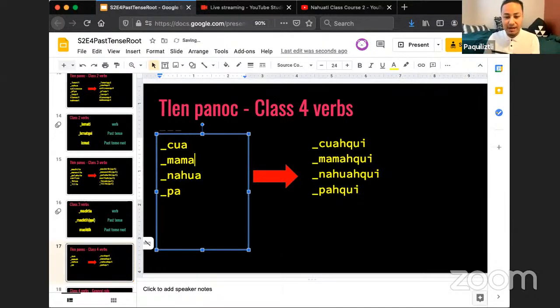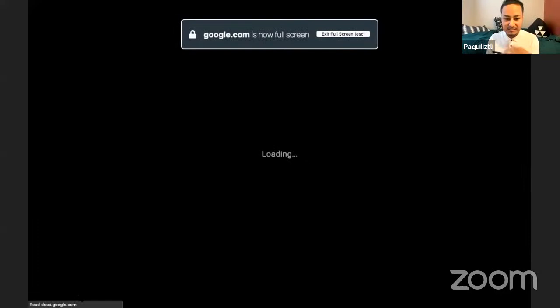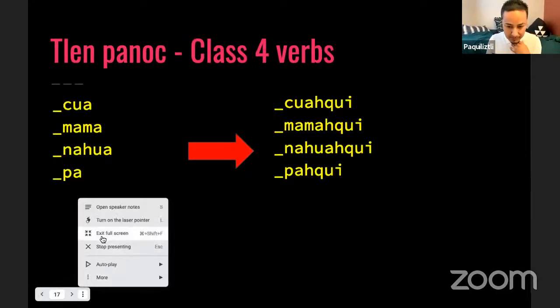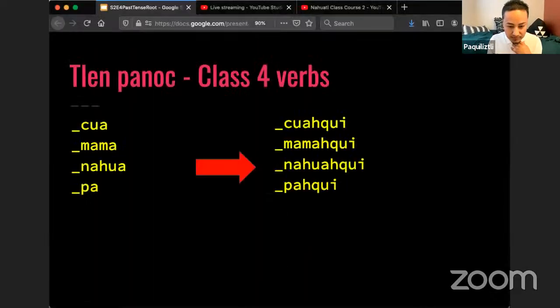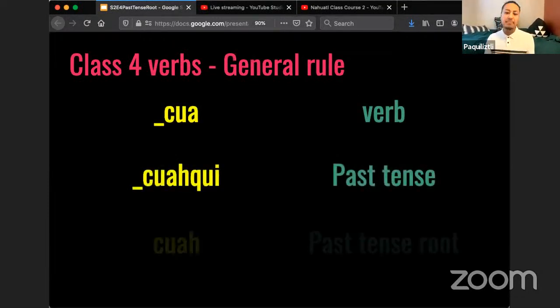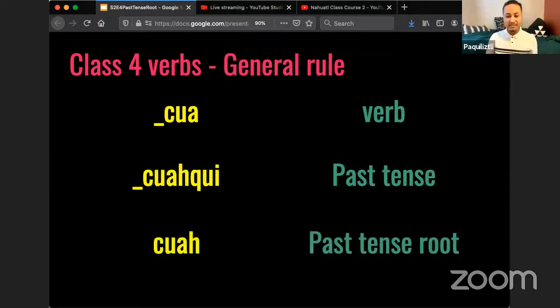Because the verb, we have to add the H in order for it to become the past tense. So go back. Okay, so essentially for the class 4 verbs, you have the verb qua, put it in the past tense, becomes quahki, and the past tense root is this qua with the H attached to it.